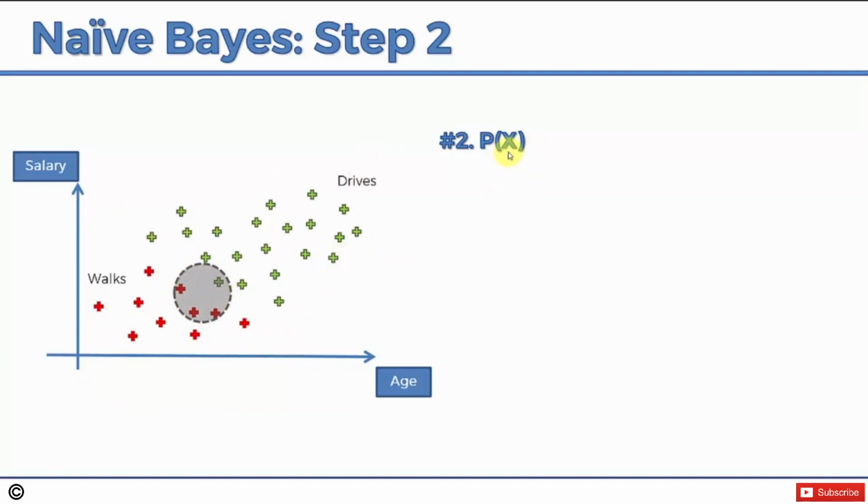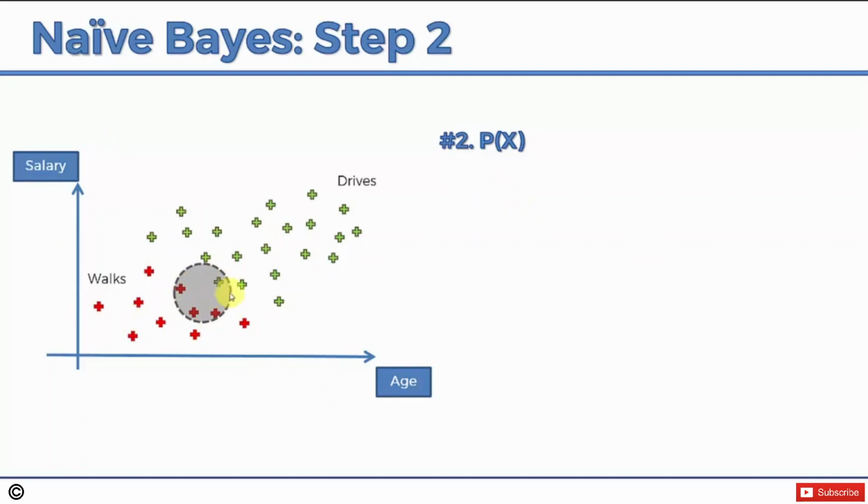The reason we put X here is because we are asking what is the likelihood of me picking an observation that exhibits features similar to the features of the point that we are adding to our dataset. The point we're adding, we've just removed, it's over there. And we've agreed that any dot inside the circle is deemed to be exhibiting similar features, so similar age and similar salary to that dot.